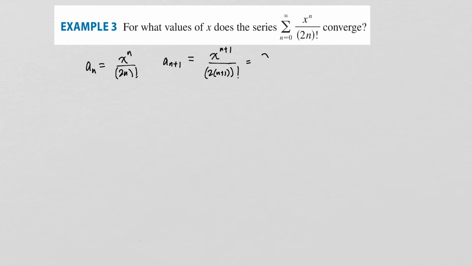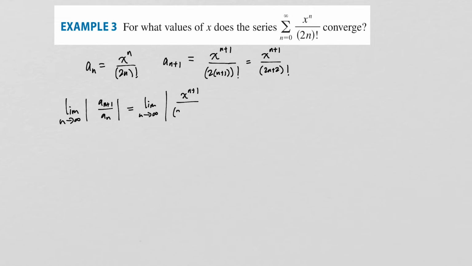And let's just write out that this is x to the n plus 1 divided by 2n plus 2 factorial. So now I'm going to take the limit as n goes to infinity of the absolute value of a_(n+1) divided by a_n, which is equal to the limit as n goes to infinity of x to the n plus 1 divided by 2n plus 2 factorial multiplied by the reciprocal of the nth term.